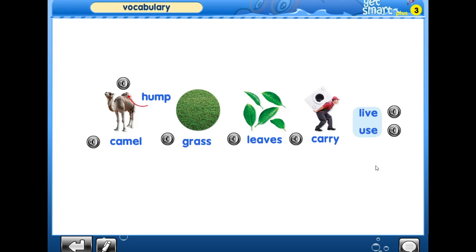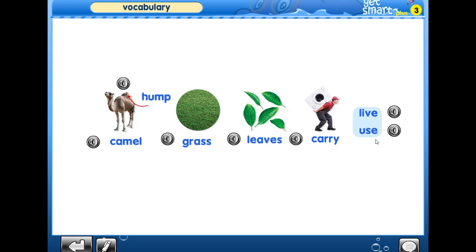Where do you live? So you may answer, I live in Likas. Or another example, he lives in Penampang. Live. Live.